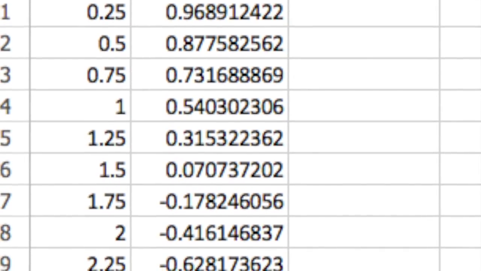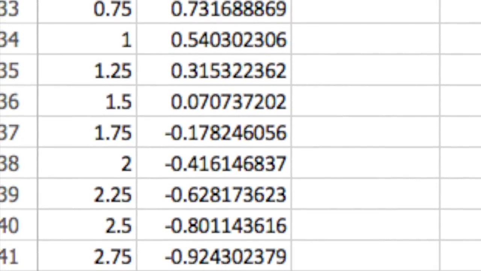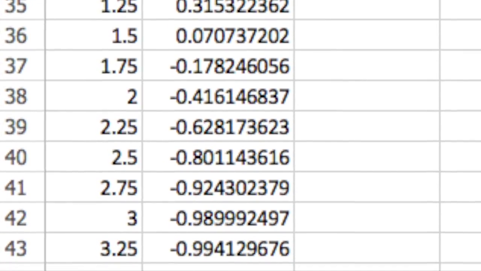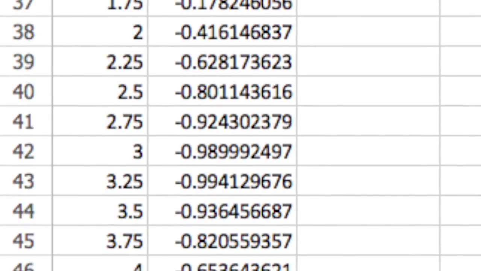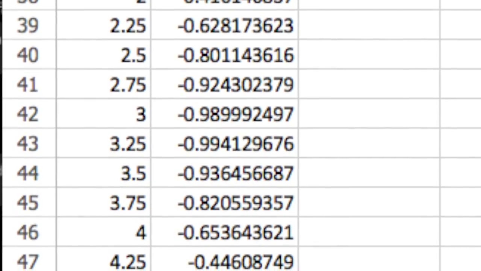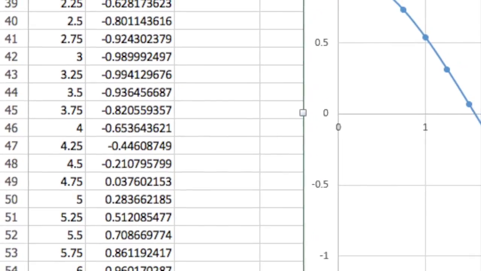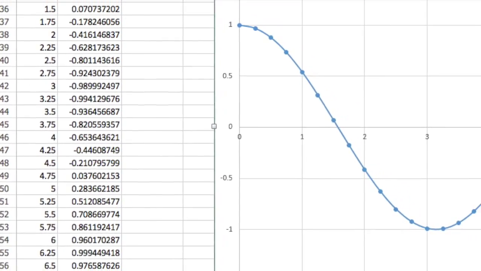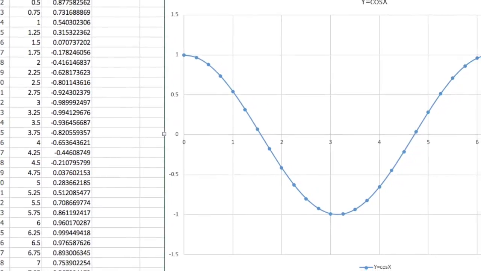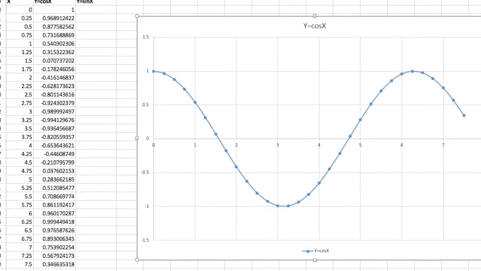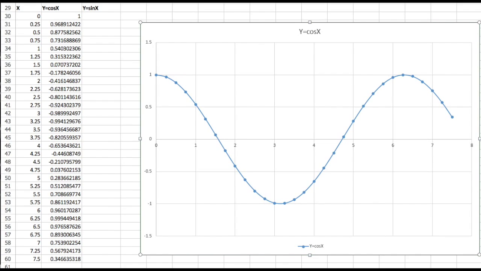To avoid the irregularity of this curve, I'm going to use values of x which are in steps of 0.25 radians and over a slightly smaller range. The graph produced is rather more even and regular, and I'm sure you'll recognize it as that for a sine or cosine graph. Now, the shape is the same for a sine graph, but not exactly the same values.